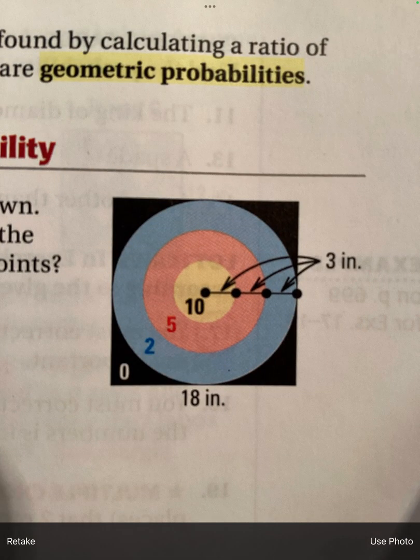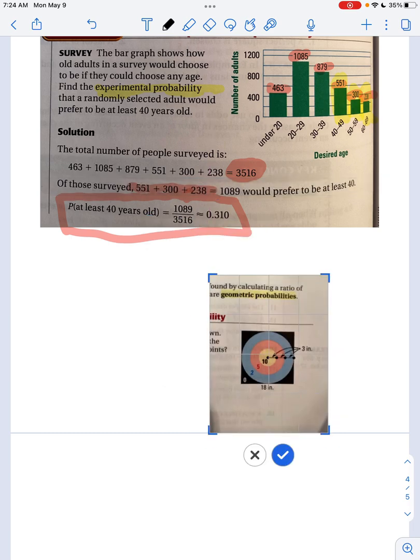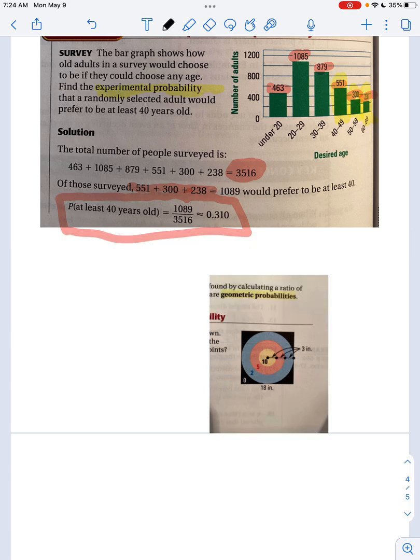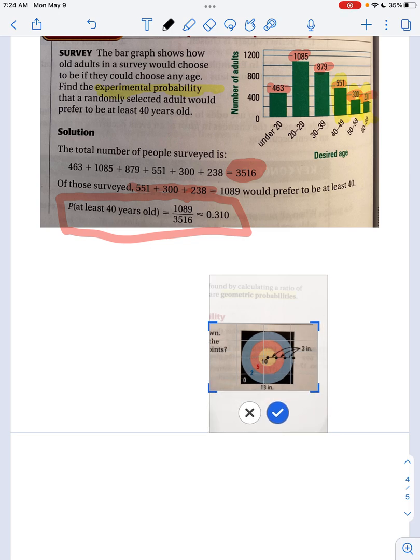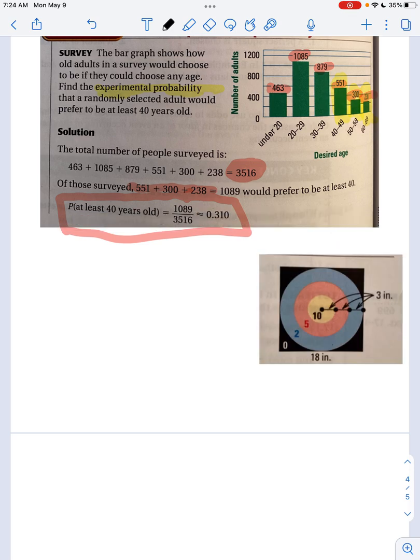All right, so we're going to use this dartboard for our last example. You throw a dart at the square board, and your dart is equally likely to hit any point inside the board.